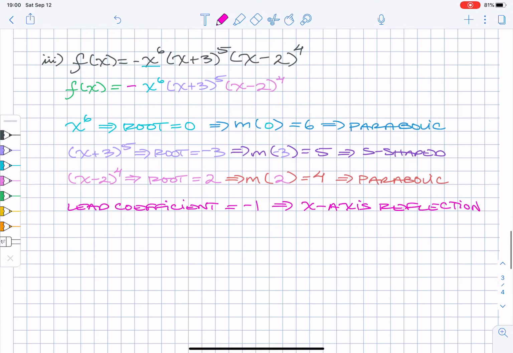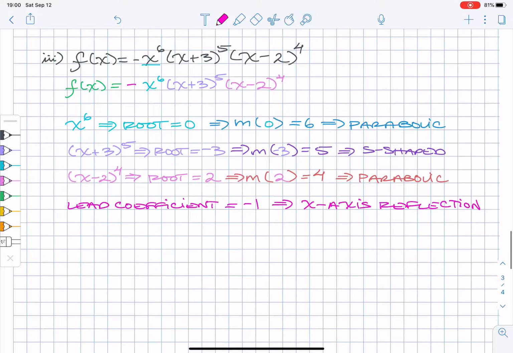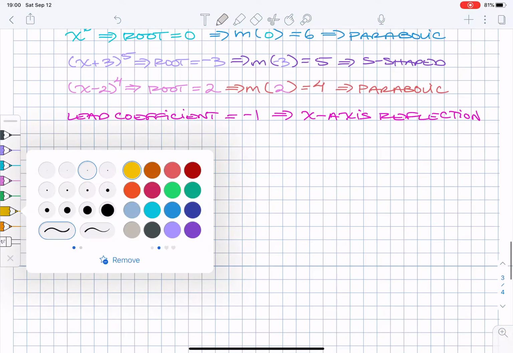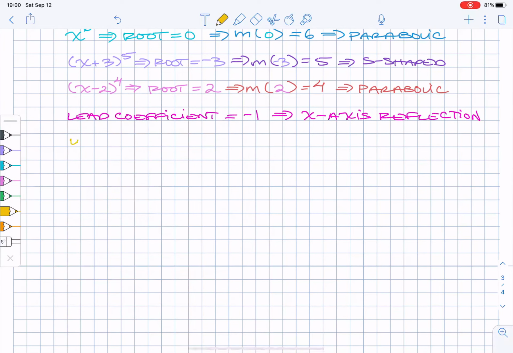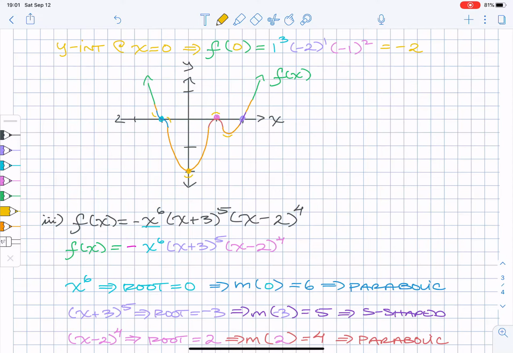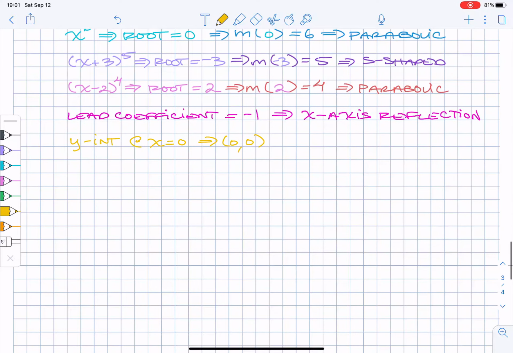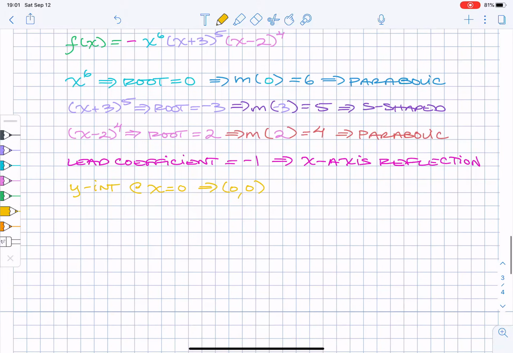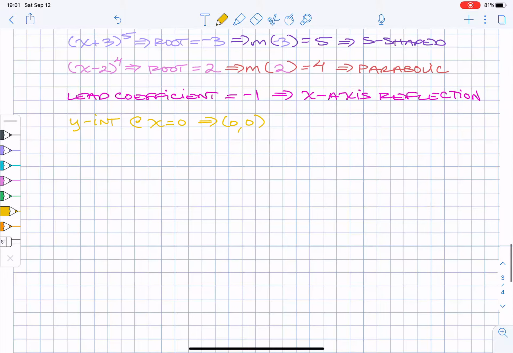Okay, what else do we know? The y-intercept is at 0, 0, because when I let x equal 0, it's just 0, because of this term here. So that makes our life easier. So where are my intercepts? Negative 3, 0, and 2. So let's go ahead and draw the x and y coordinate axes.